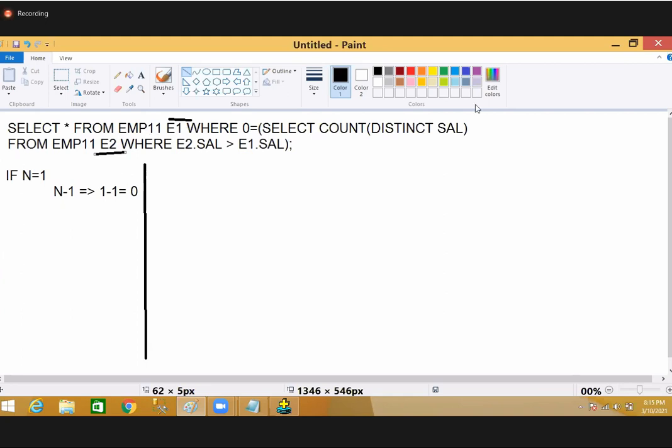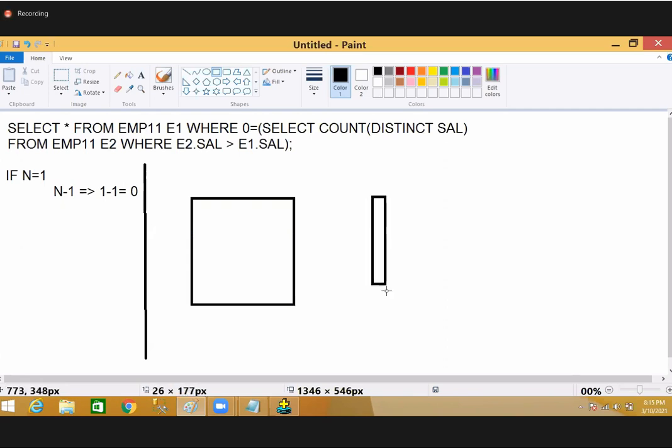So now the same thing I have to do here. On the name of the E1 alias, one virtual table or virtual copy is prepared, and on the name of E2, one virtual copy is prepared.